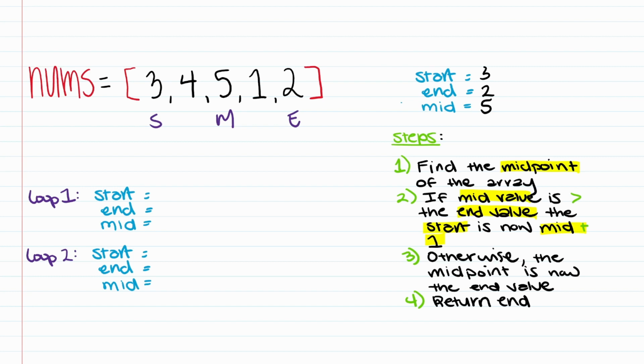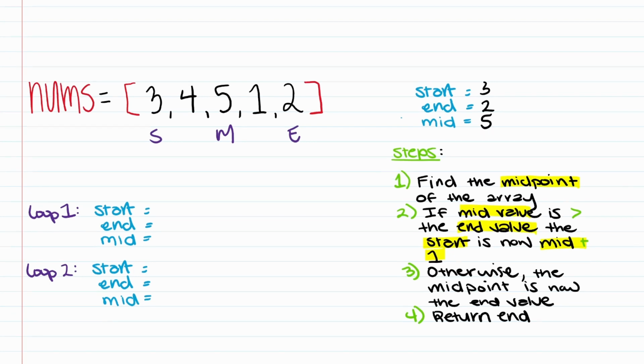So that's why it has to be start plus 1, because we know that in the situation that mid was greater than the end, our solution is going to be on the right side, which is why we do it that way. Then we have step 3, which is otherwise the midpoint is now the end value. And then at the end, we're just going to return that end value.